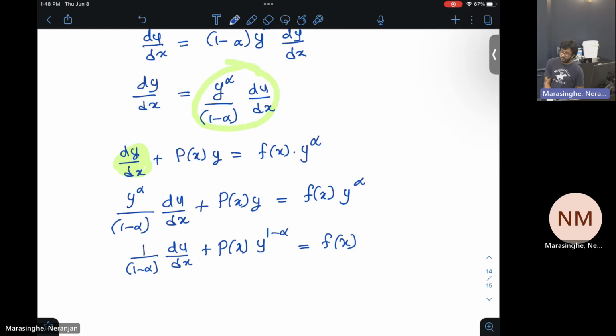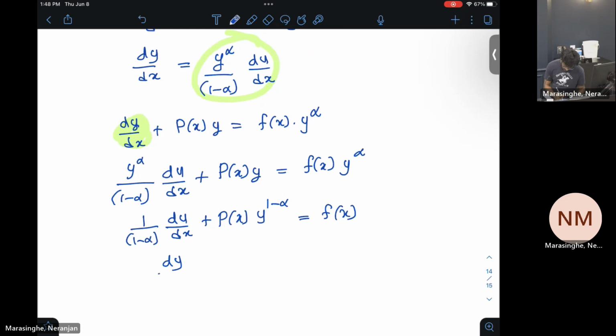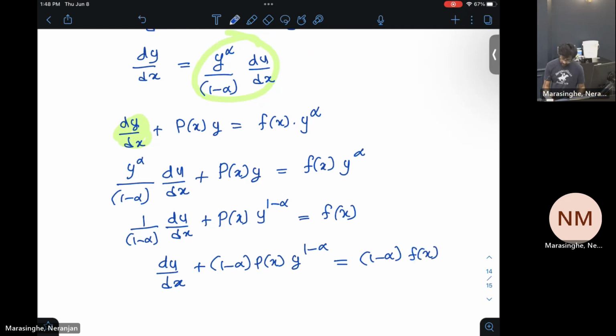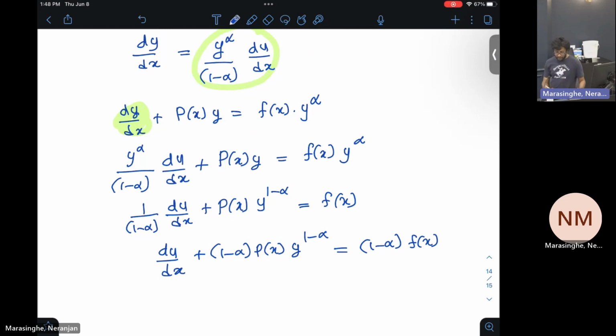Then I would multiply this equation by 1 minus alpha. Then what would I get? du/dx plus (1 minus alpha) times p(x) times y to the power 1 minus alpha is equal to (1 minus alpha) times f(x). But we know that y to the power 1 minus alpha is u.